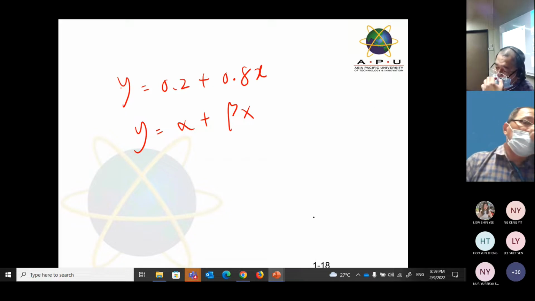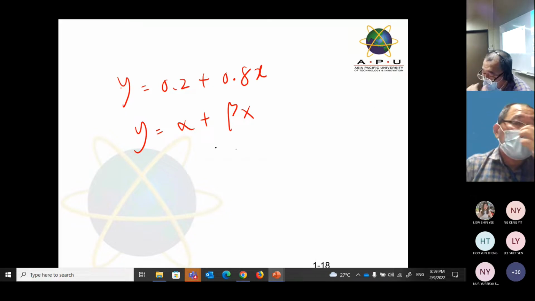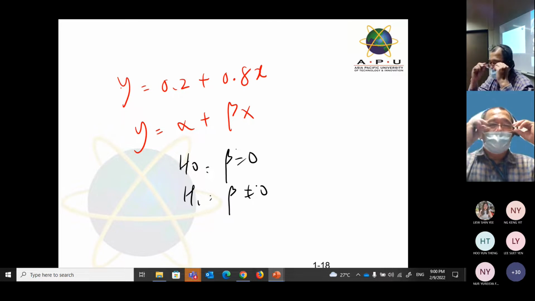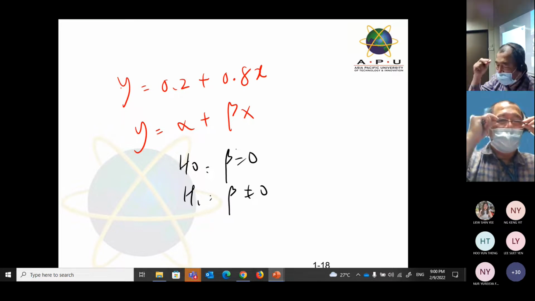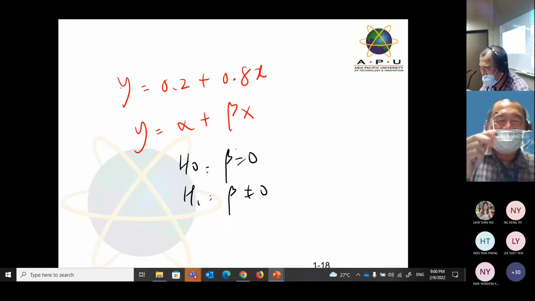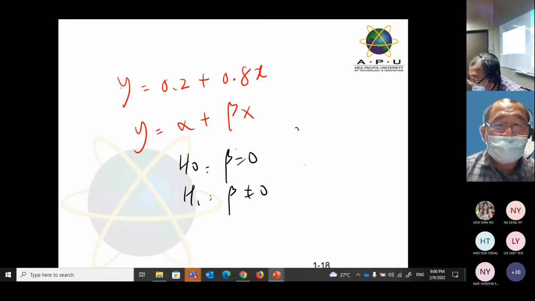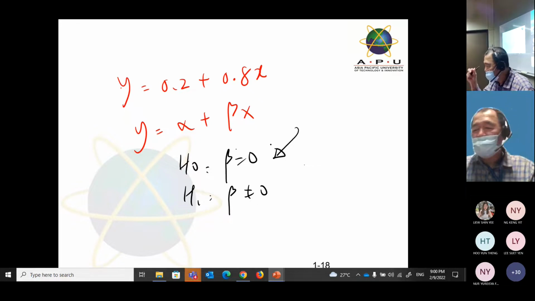Try to recall what you learned in statistics. Therefore, the hypothesis looks like this: beta is 0, and beta is not 0. Any question so far? Maybe I ask you a question. Why does the hypothesis look like this? Why?